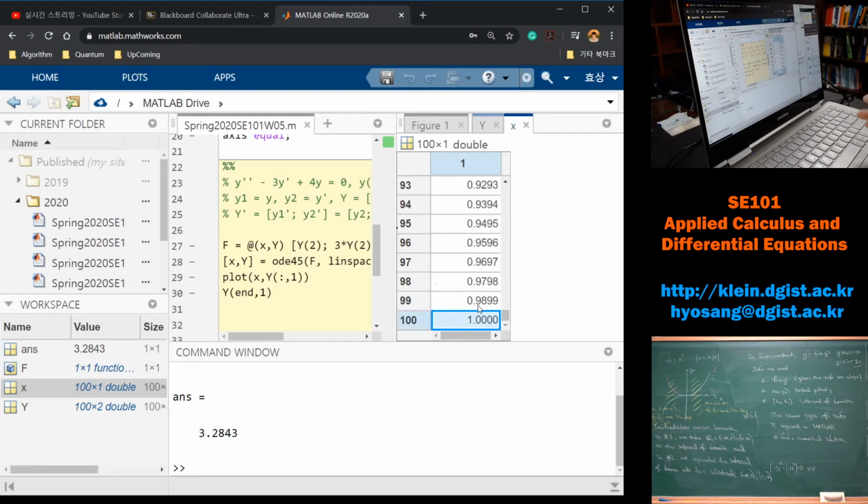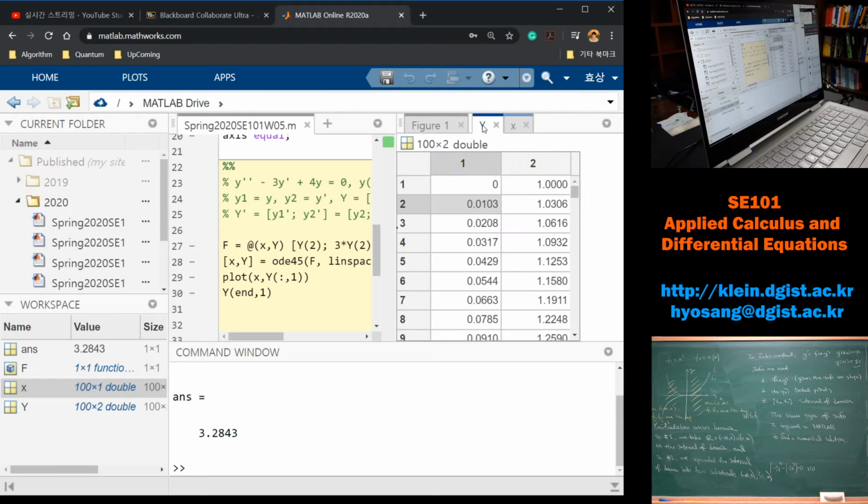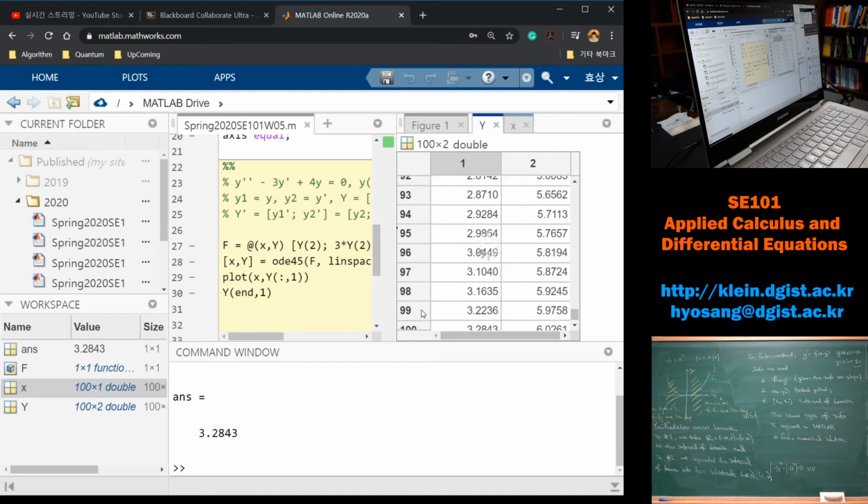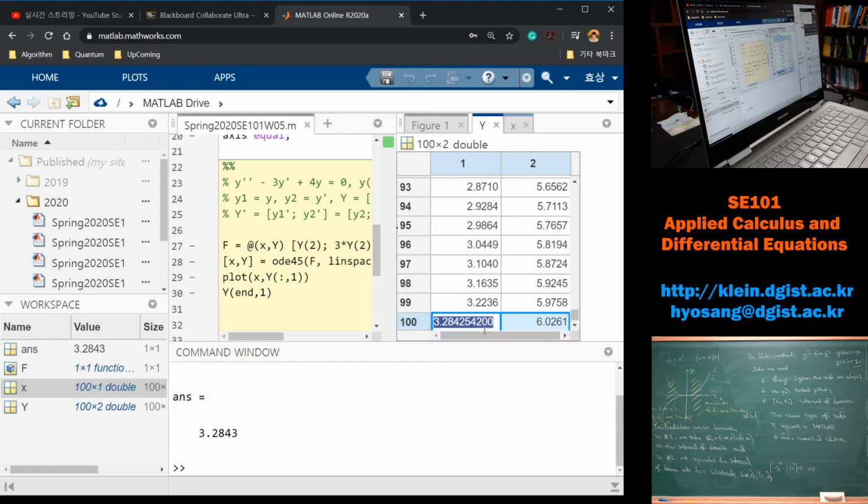I want the value of the function at x equals 1, which means I have to retrieve the value of array y at the 100th row. Right here, this is my value of y. What is the value on the second column? This is the value of the derivative of y at x equals 1.